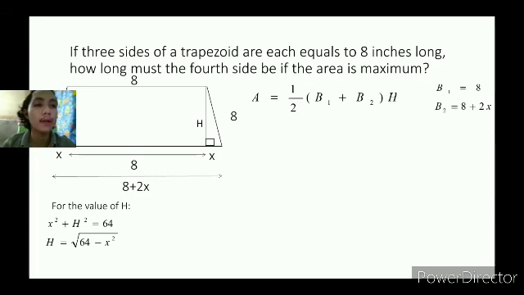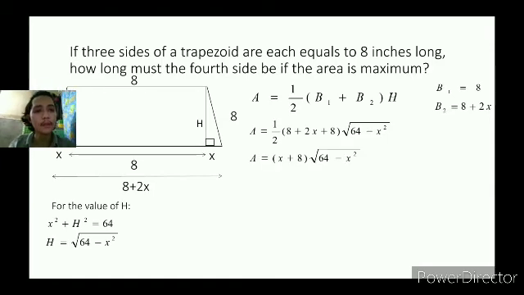So we have all the values, and we're just gonna substitute them into the formula for the area of the trapezoid. We'll now have A is equal to 1/2 times (8 plus 2x plus 8) times square root of 64 minus x squared. If we divide 8 plus 2x plus 8 by 2, what will remain is x plus 8, and just copy the square root of 64 minus x squared.